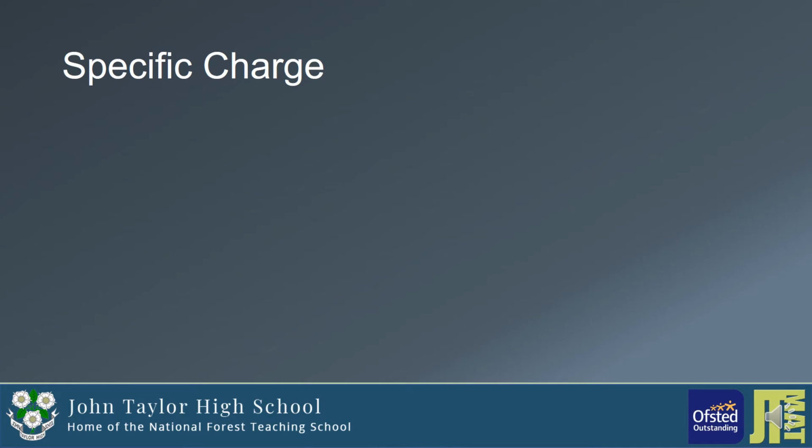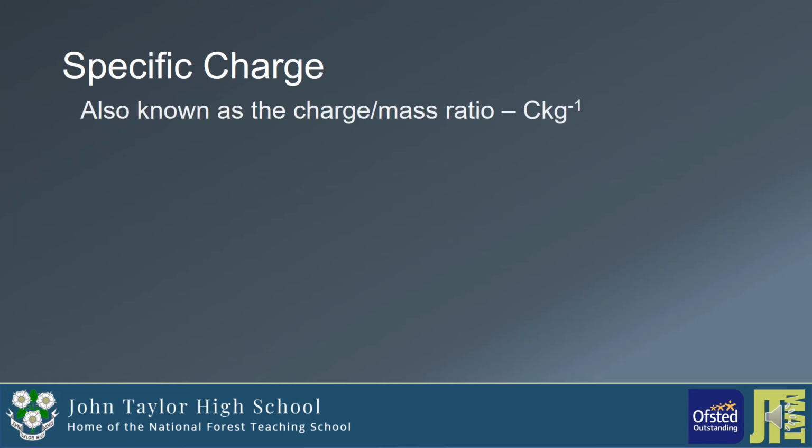So the new concept we want you to have a little look at for this introductory lesson is the idea of specific charge. Specific charge is also known as the charge to mass ratio, which is therefore measured in coulombs per kilogram. Now the charge to mass ratio is simply that: the charge divided by the mass of a particle.